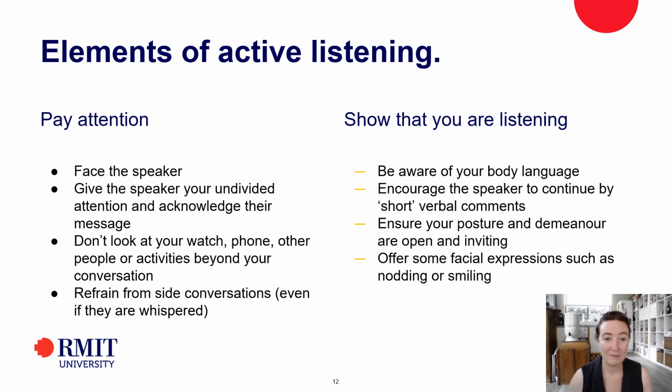So there's some very simple, concrete ways that you can show that you're paying attention, and there's other things that you need to do within yourself, in knowing yourself, to be able to fully pay attention. For example, going back to that example I shared with you, things that were stopping me from paying attention were having a perfectionist attitude, being a bit too concerned about what my colleagues thought of me, wanting to be a people pleaser.